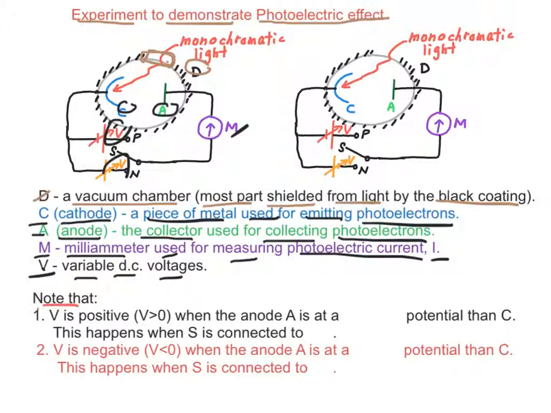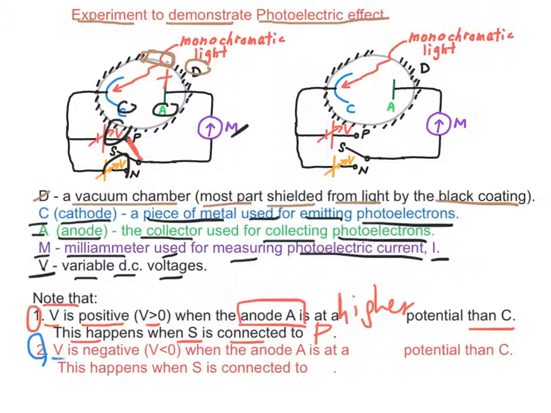Note that V is positive when the anode A is at a higher potential than C. This happens when switch S is connected to P. However, voltage V is negative when the anode A is at a lower potential than C. This happens when S is connected to N.